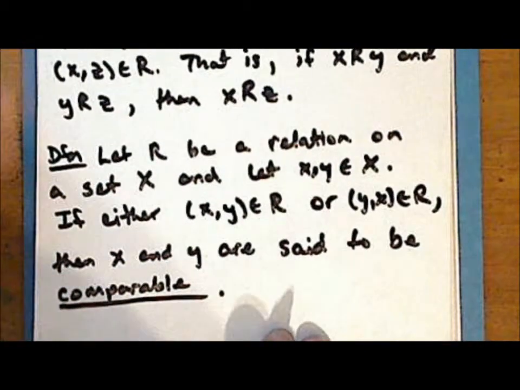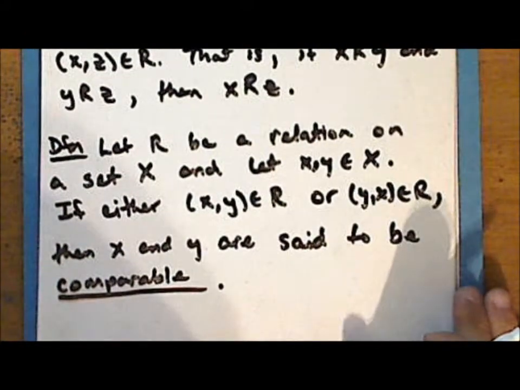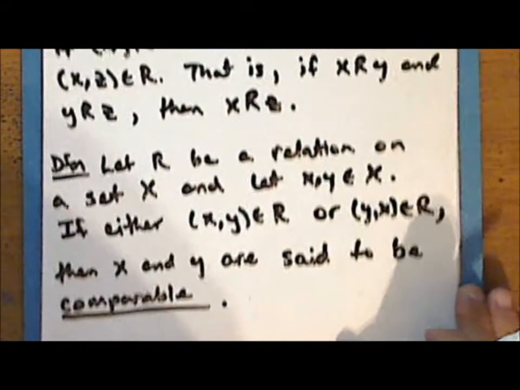That is, if for the elements x and y, either x is related to y or y is related to x, then those elements are comparable.